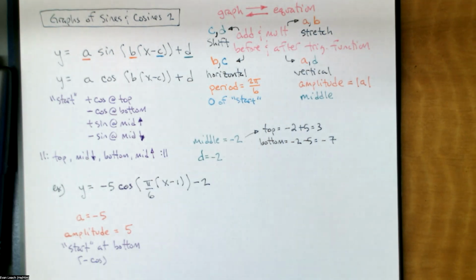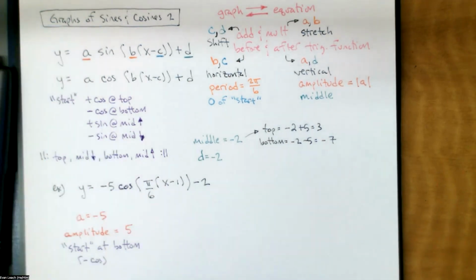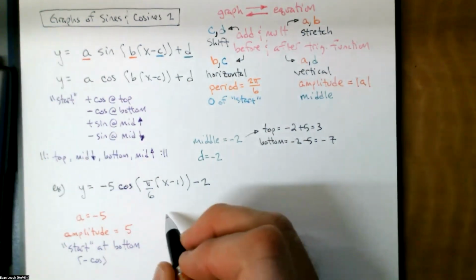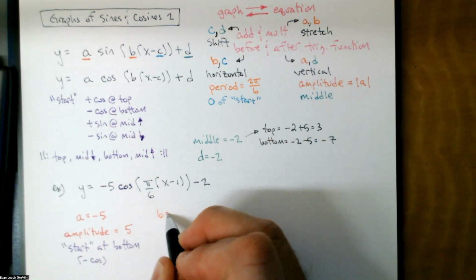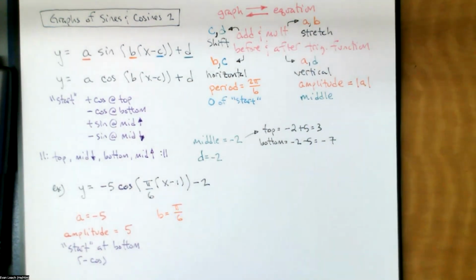Next up, we can go with our horizontal information. In the multiply spots, x is being multiplied by pi over 6. So we see that b is equal to pi over 6. This number modifies the period, and the period is going to be 2 pi divided by b.